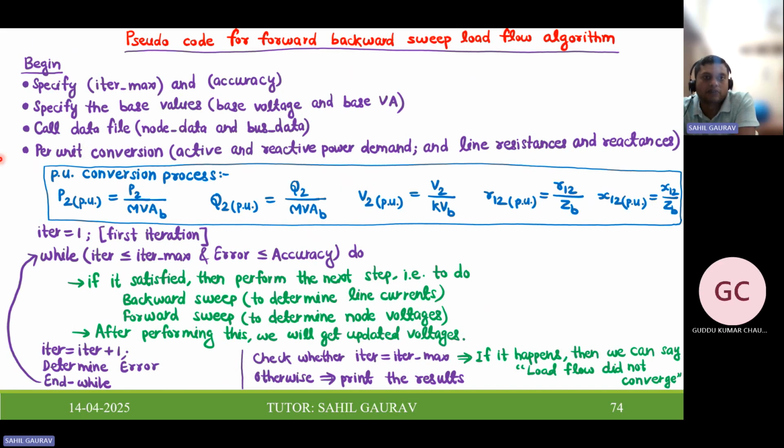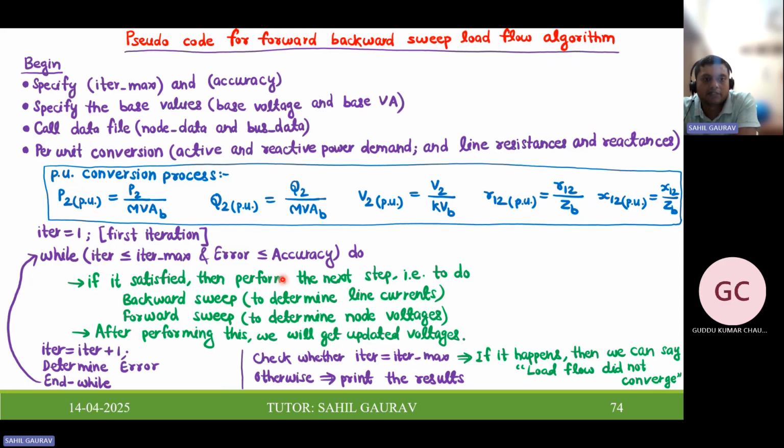And this is the pseudocode for the forward backward sweep load flow algorithm, where we have specified the maximum iterations and accuracy, then specify the base values, base voltage and base VA, call the data file, node data and bus data, and then we have the current conversion, active and reactive power demand, line resistances and reactances. Then we apply the code starting from one, and then we apply the while loop.